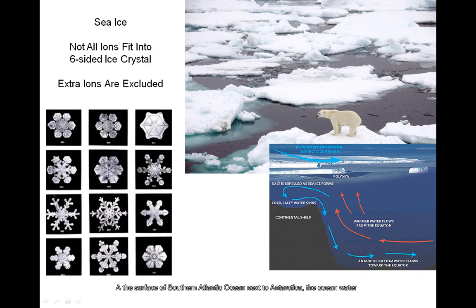Now, at the surface of the southern Atlantic Ocean, next to Antarctica, the ocean water is exposed to the very cold air of the polar cell in the atmosphere. And this will drop the water's temperature down to about negative 1.7 degrees Celsius. And remember that liquid salt water gets denser and denser as it gets colder.